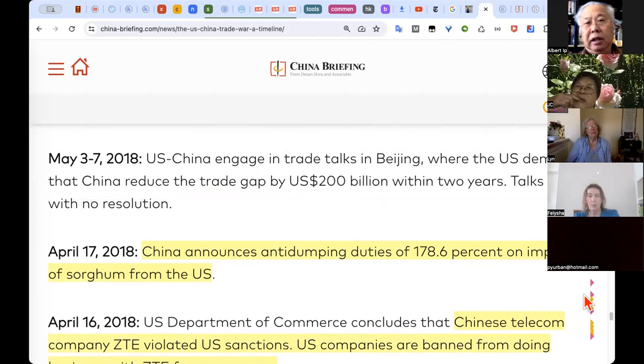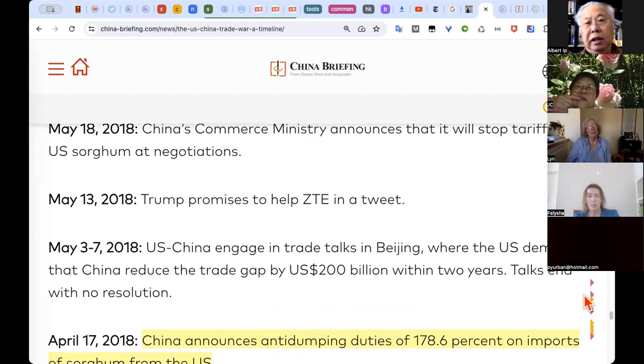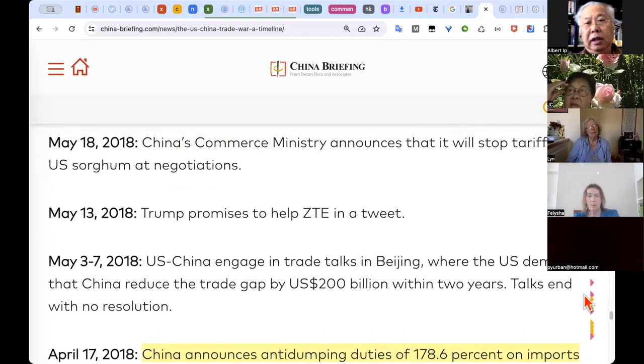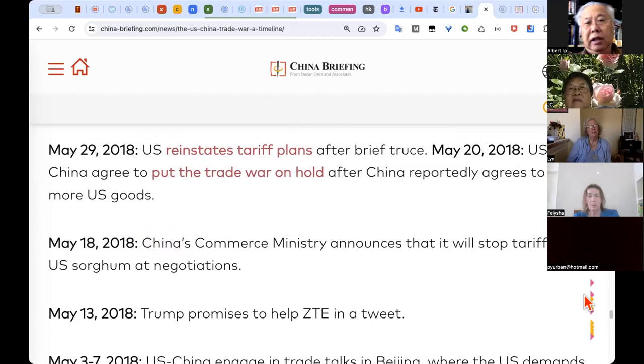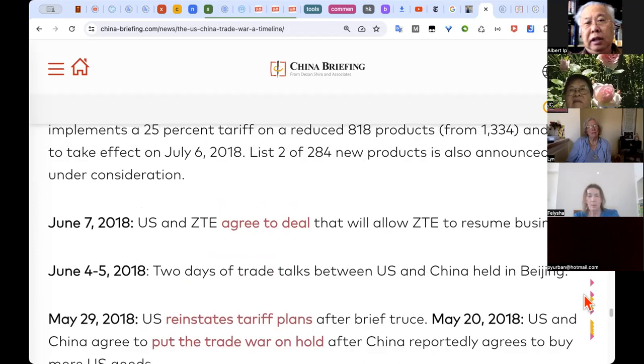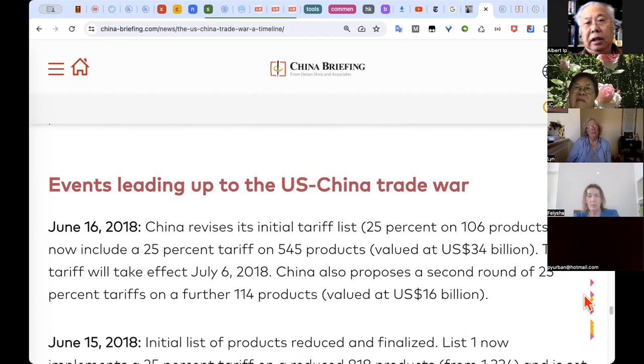So they engage in talks and Trump says it will help ZTE. And China's Commerce Ministry says it will stop tariffs on U.S. sorghum at negotiations, using that as a tool for negotiations. So both sides go back and forth. So these are all events leading up to the actual trade war.